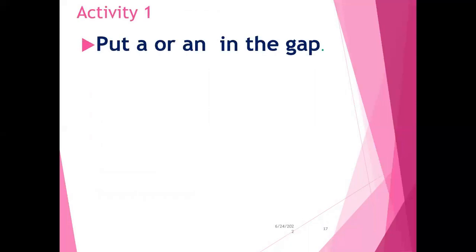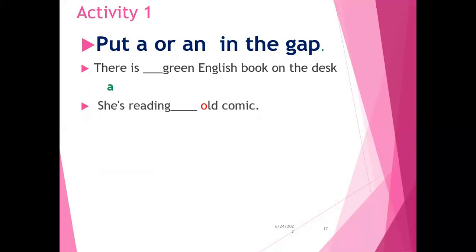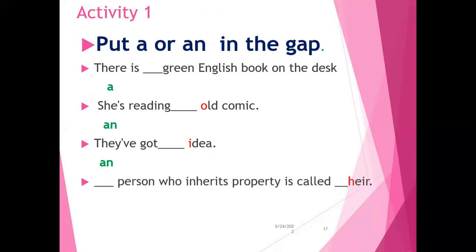Let's check. Put a or an in the gap. There is a green English book on the desk. A. She is reading an old comic. An. They got an idea. An. You have to focus on sound.